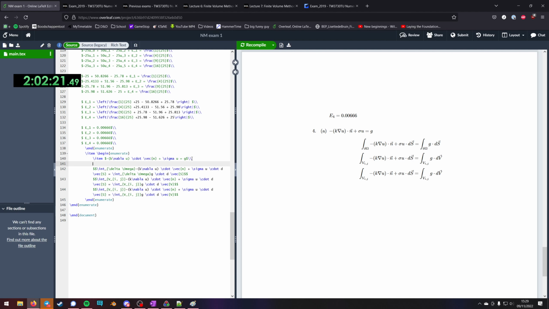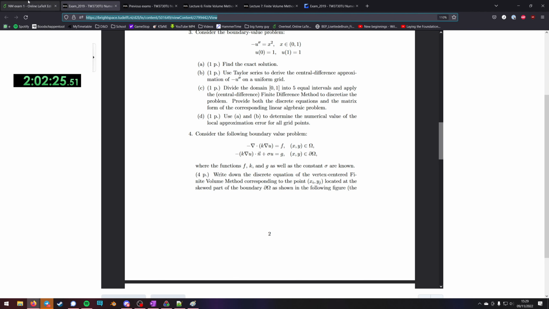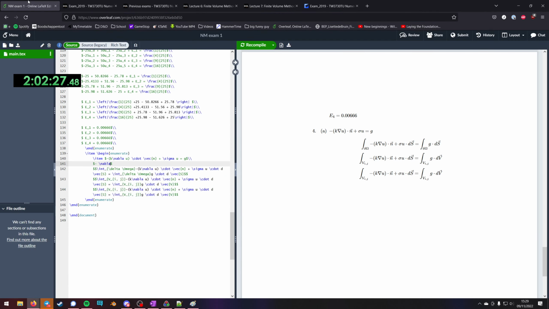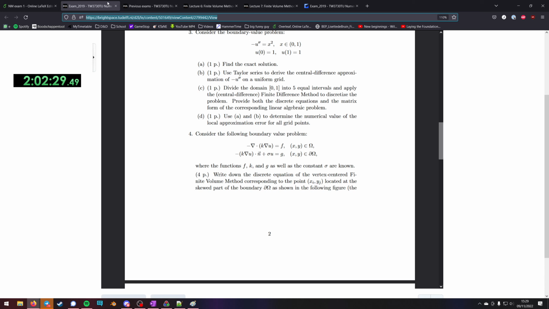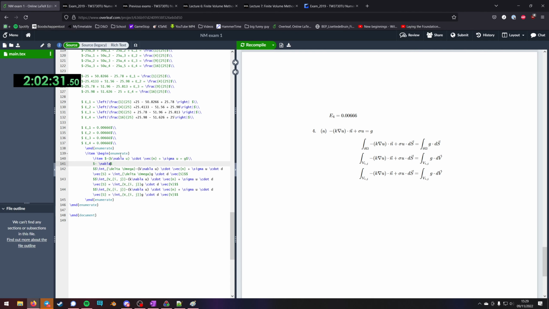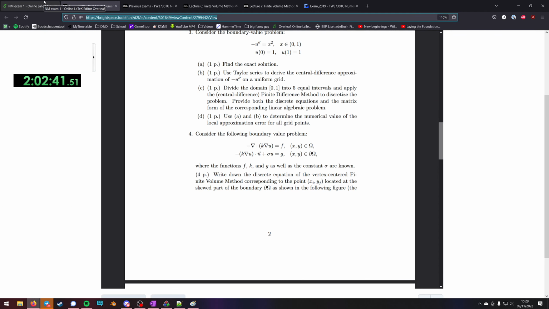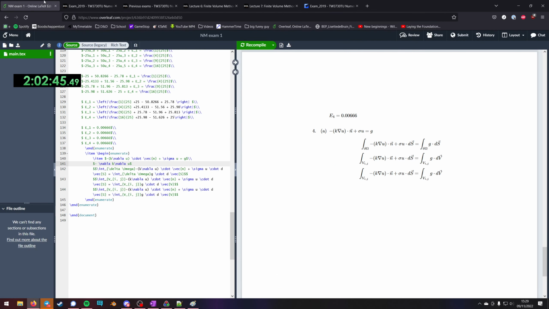I'll also write down the equation for f, so that I have that laying around, which is negative nabla, oh, I have this already. Negative nabla k nabla u equals f.